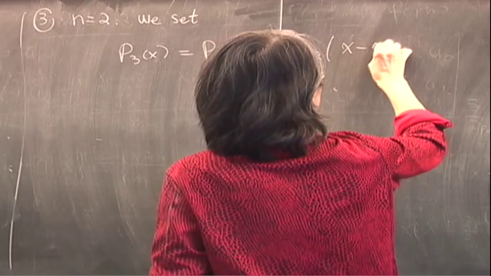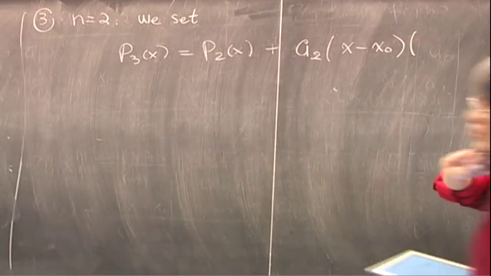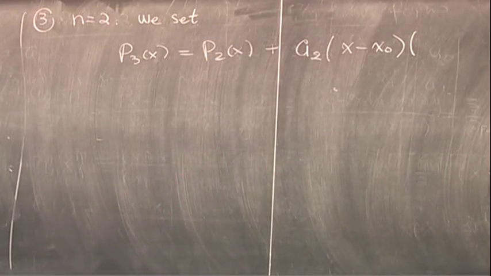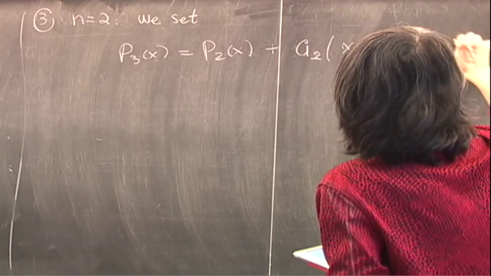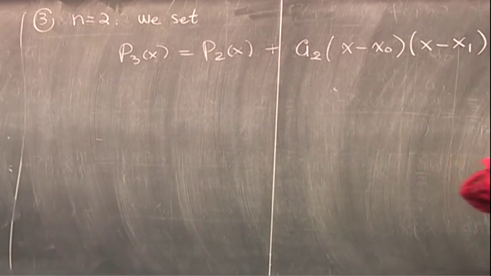So this will be x minus x0. What do you think I will put up? Anybody reads my mind? What will it be? What will I add here? Yes. Why is this a good choice?